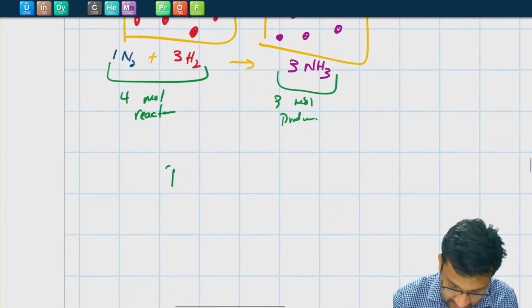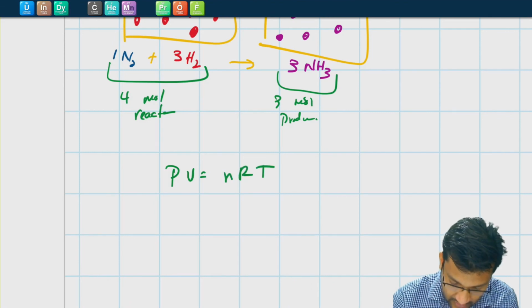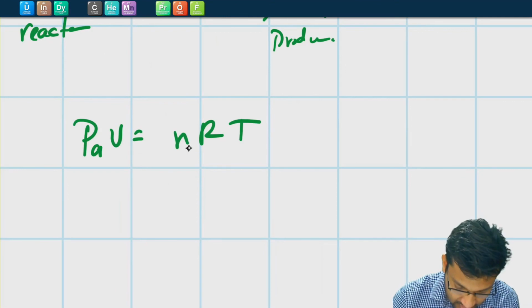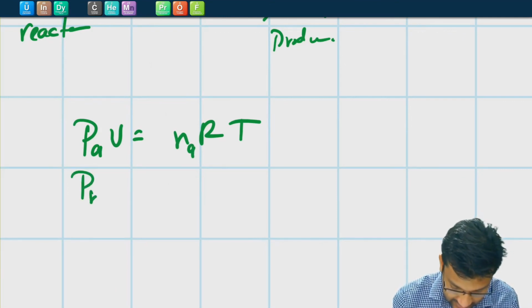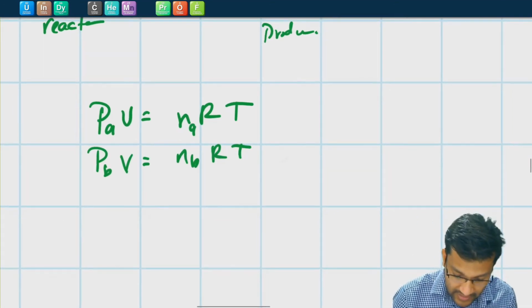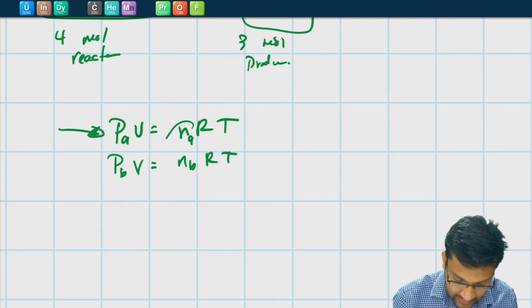Remember that PV is equal to nRT, or if you want to separate it out into gases, P of one gas is equal to number of moles of one gas. P of the second gas, let's call it B, is equal to number of moles of the second gas. So what that means is the pressure is directly related to the number of moles. Why?